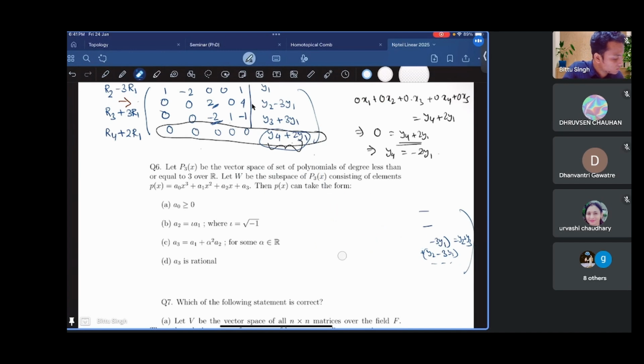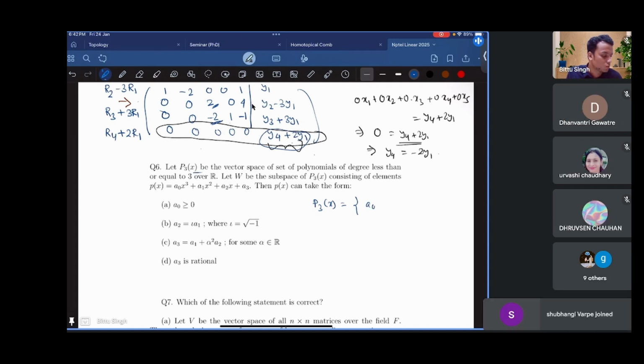Let us solve the last problem. Here P3(x) is the vector space of polynomials of degree less than or equal to 3 over the real numbers. You know what a polynomial vector space is, right? P3(x) contains elements of this form: a0 plus a1 x, up to degree 3, plus a3 x cube.